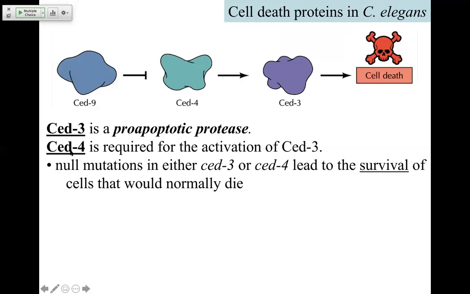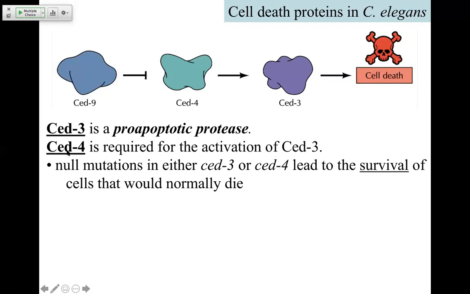And then what they discovered is, for example, cell death 3, CED3, the gene that has been mutated in that animal is a protease, a pro-apoptotic protease, meaning that the CED3 gene product is required for cell death. Its activity results in cell death.